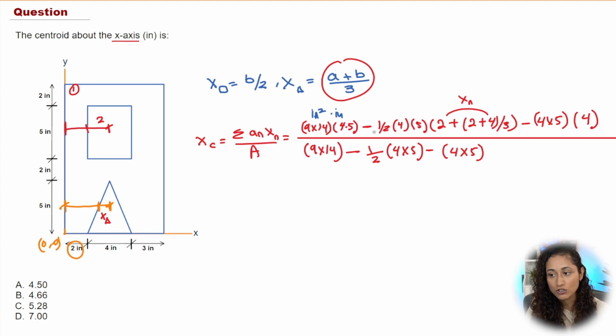Now, all of these terms are going to have the units of inch cubed, because we have the area times x, which is inch squared times inch. Now here we're going to have inch squared because it's the area. Every term is going to have the units of inch squared. So then inch squared and inch squared cancel, and we're left with inches, and that's the unit that we want, right? Now, if you plug in these numbers in your calculator, you're going to get 4.66 inches.